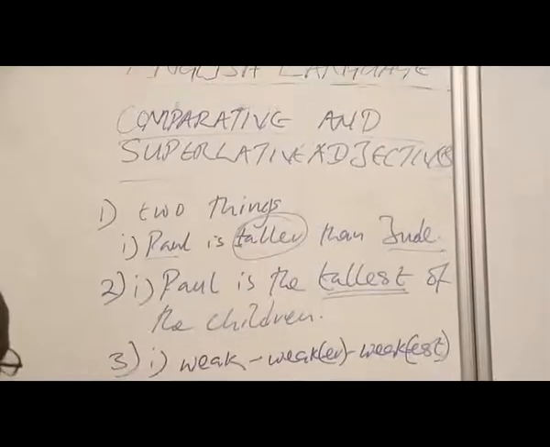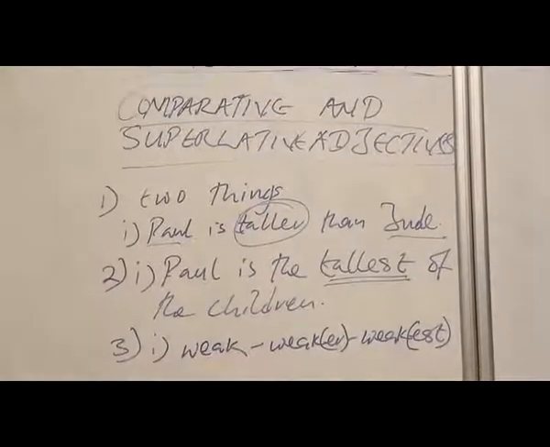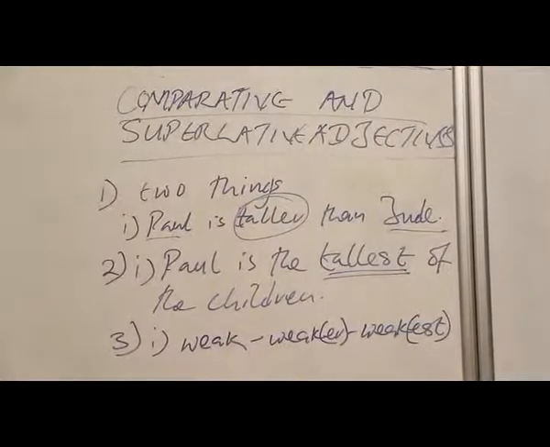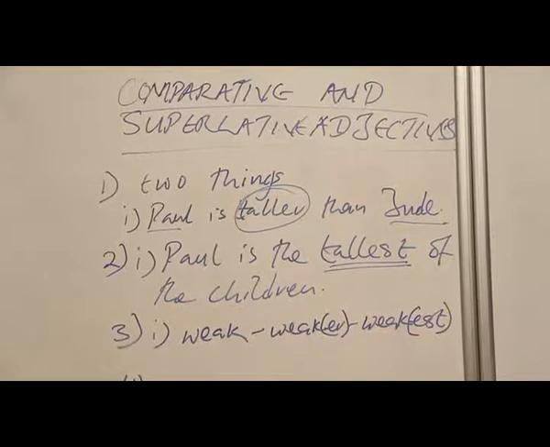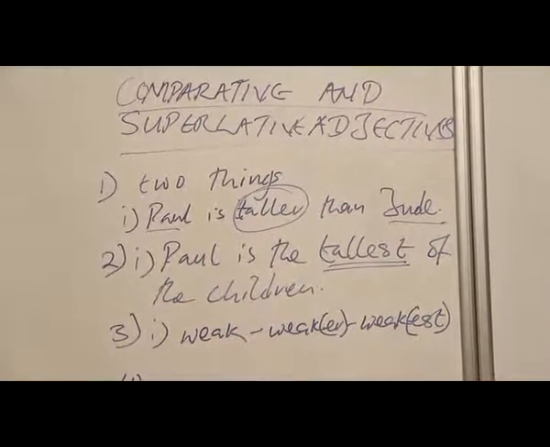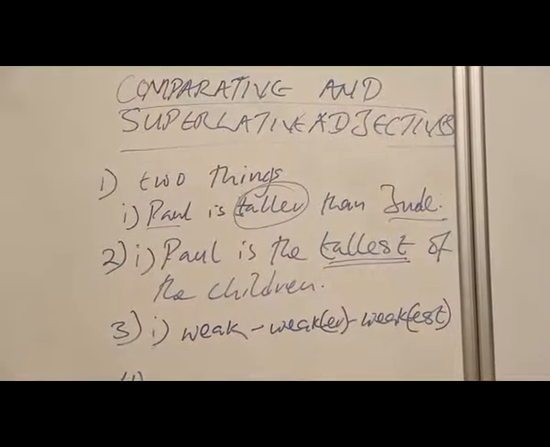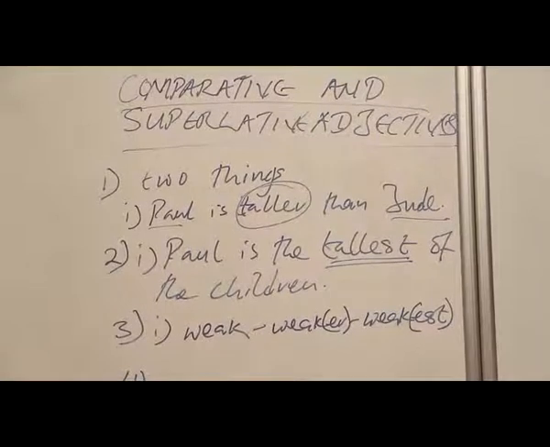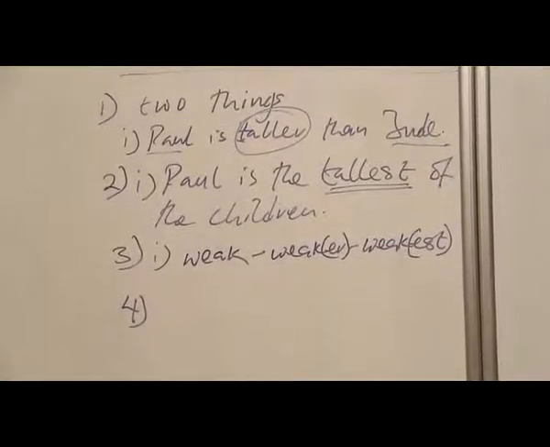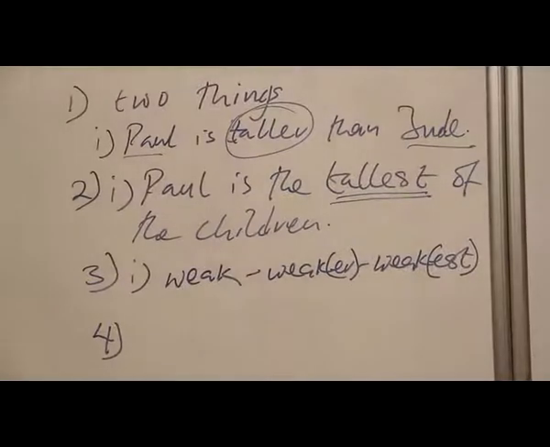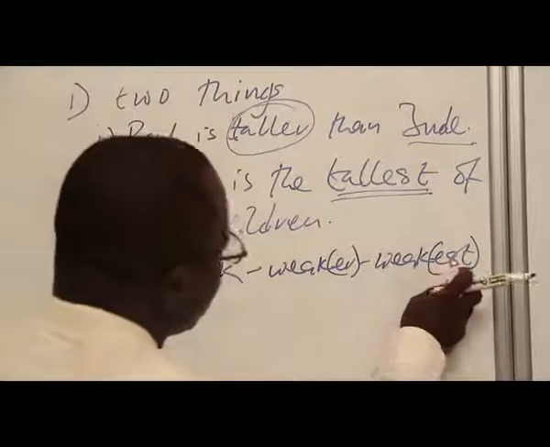Now, we still use ER and EST even when the word has more than one syllable, but in that case, the word ends in ly. If an adjective ends in ly but has two syllables, it will still take ER and EST.